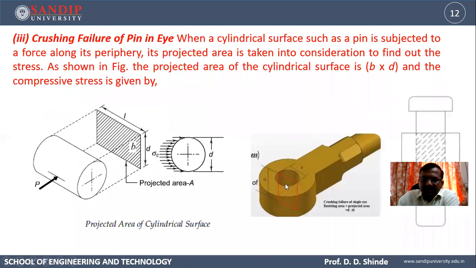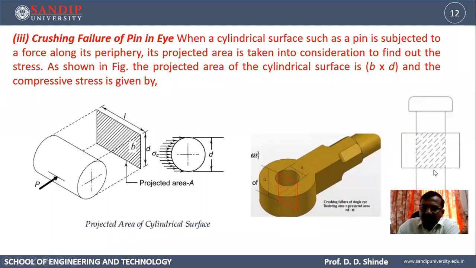So here you can see the solid part which I had shown. This is the eye in which the pin is projected, and you can see the portion of the pin which is inside the eye. I had shown it in another sketch. So these two sketches I had added today.